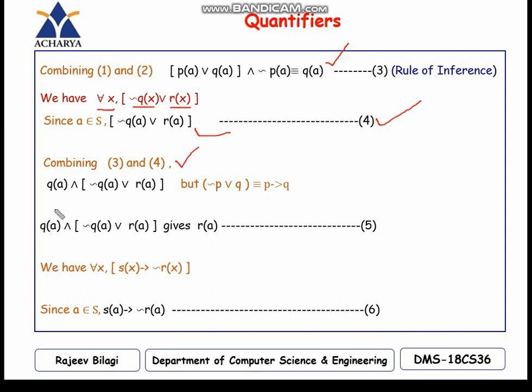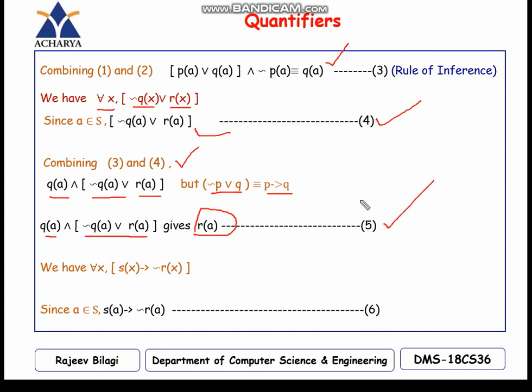So what will I get? Q of A and negation of Q of A or R of A. Now if you look at negation of P or Q, it is the same as P then Q. So with this I can write Q of A and negation of Q of A or R of A gives you R of A. You apply some law which is related to rule of inference.